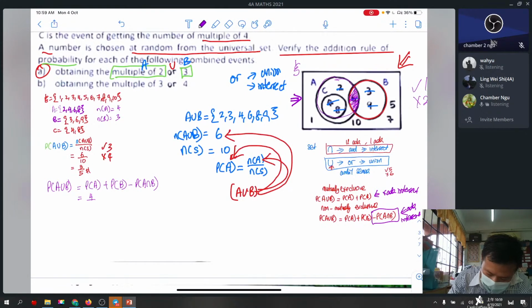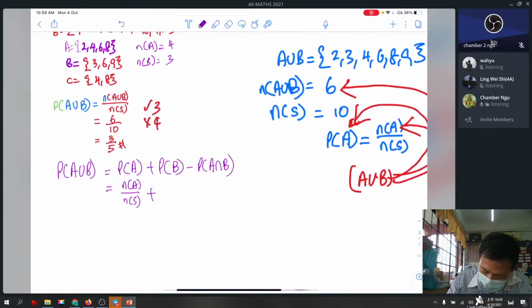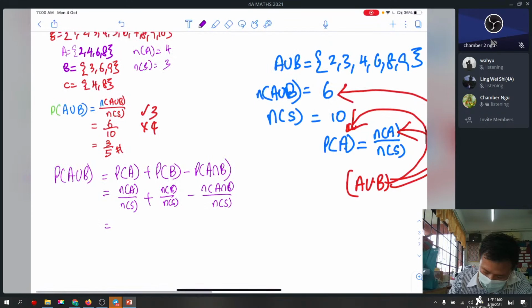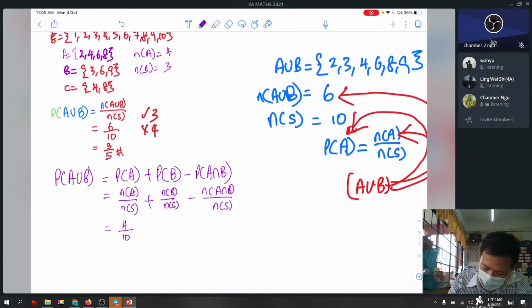Okay, I write the formula first. Number of A plus number of B over S minus A intersect B. So like this. So number of A is 4 over total is 10.